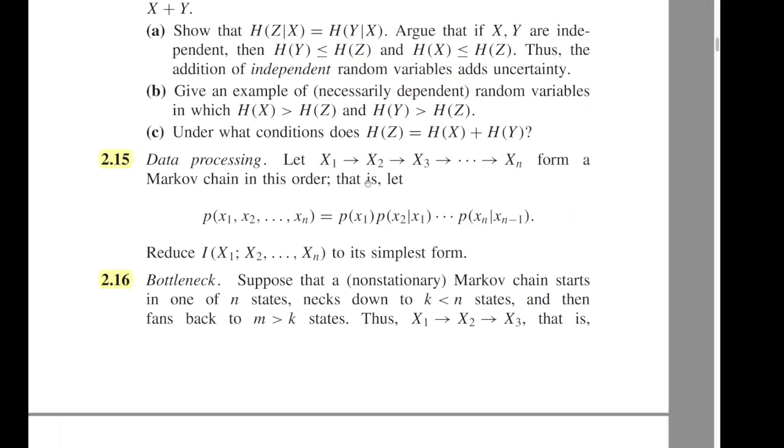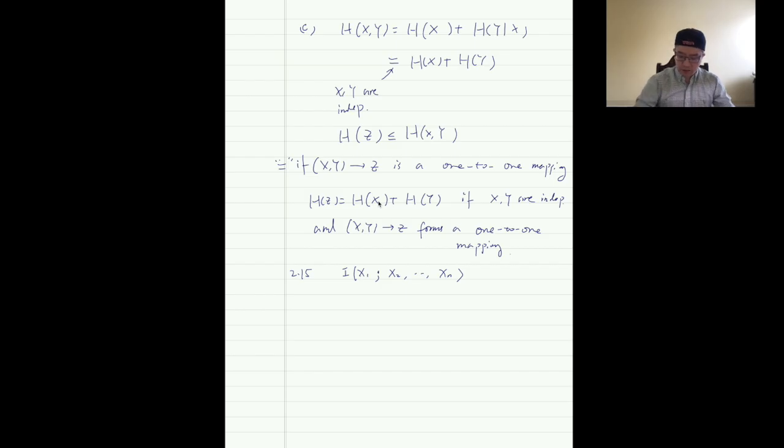Given that, we may use the chain rule for mutual information, which looks a lot like the chain rule of entropy. That equals I(X1;X2) plus up to I(X1;Xn given X2 up to Xn minus 1).